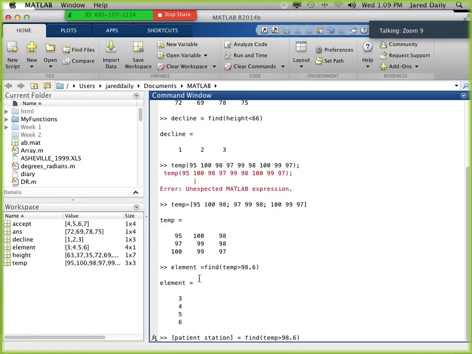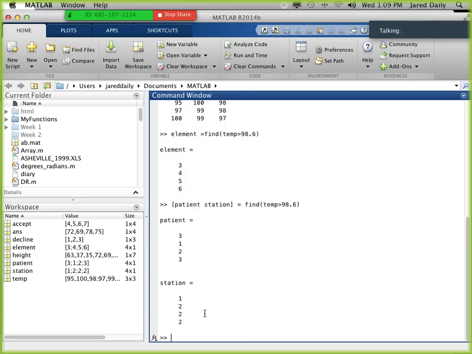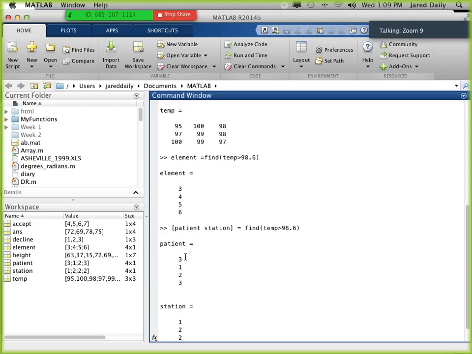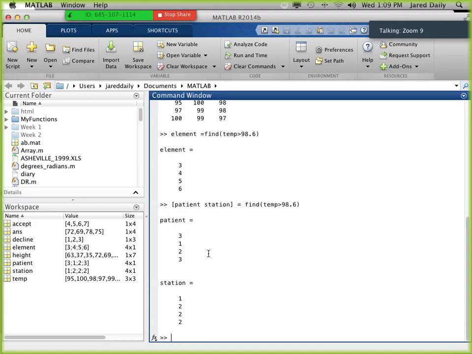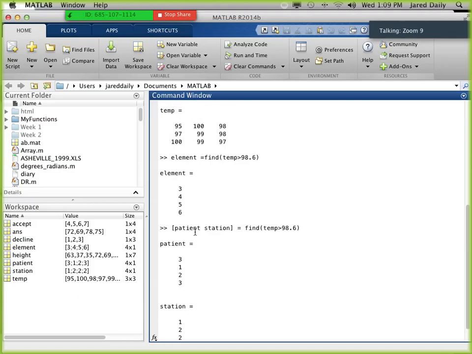And this time, instead of just counting down the columns, 1, 2, 3, 4, 5, 6, 7, 8, 9, it's actually going to give you the coordinates row by column. So 1, 1 here, 2, 1 here, 3, 1 here, and so on. So the first patient that has a temperature that is greater than, let's see, patient was the first one. 3, yeah, so 3, 1.